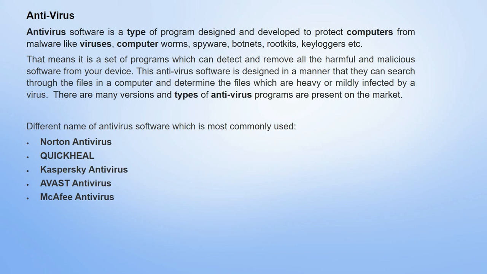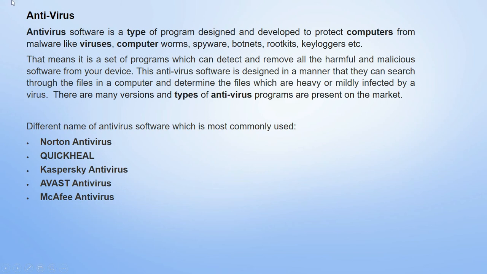Okay, so antivirus software is a type of program designed and developed to protect computers from malware like viruses, computer worms, spyware, botnets, rootkits, keyloggers, etc. That means it is a set of programs which can detect and remove all the harmful and malicious software from your device.